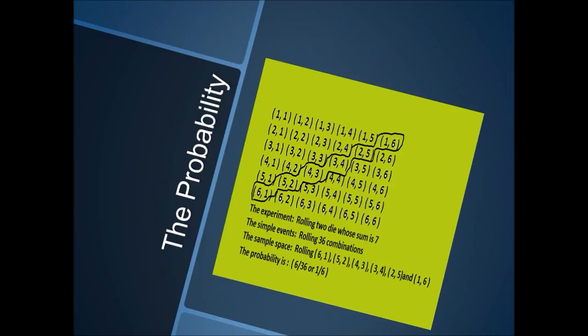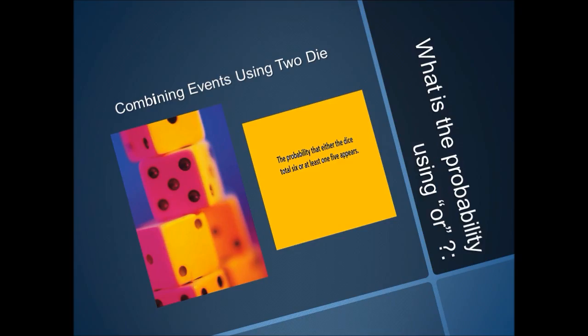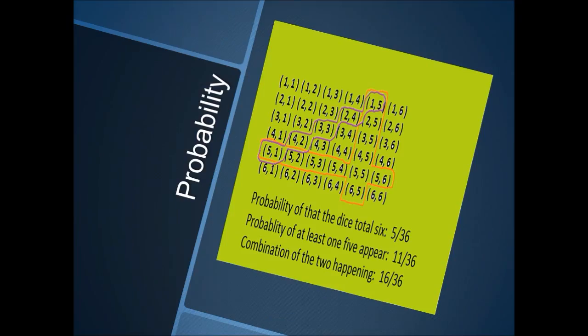Let's look at combining events using the word or and. What is the probability that either the dice total 6 or at least 1 5 appears? The probability of the dice totaling 6 is 5 out of 36.